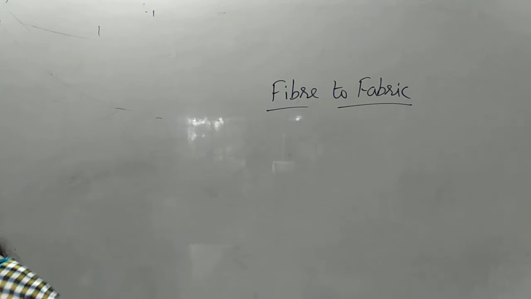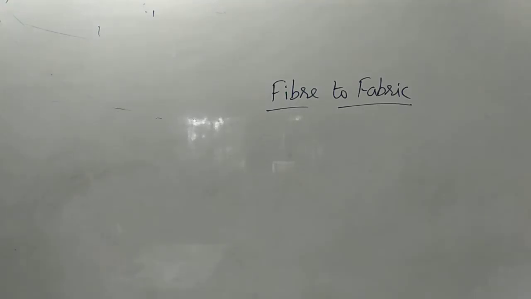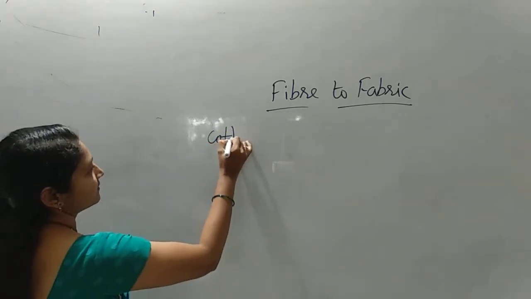There are a variety of cloth materials: cotton, silk, wool, jute, synthetic and polyester. What are those? Variety of cloth material. We are going to see that.